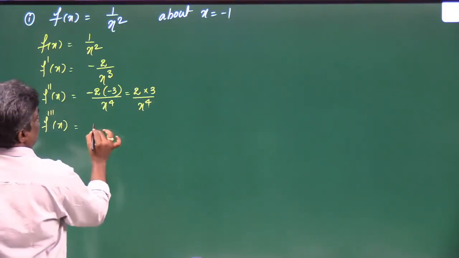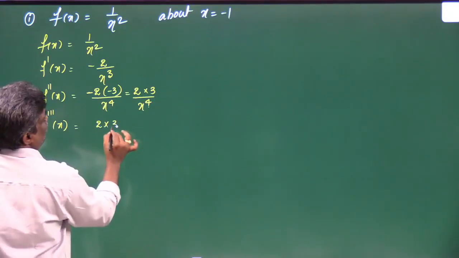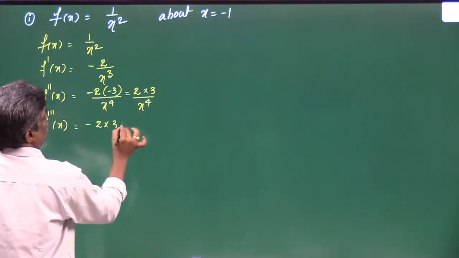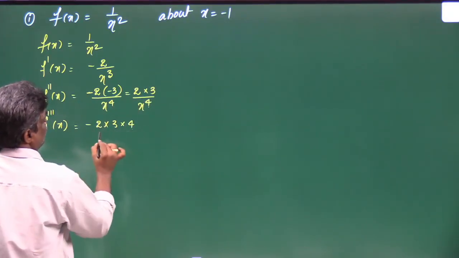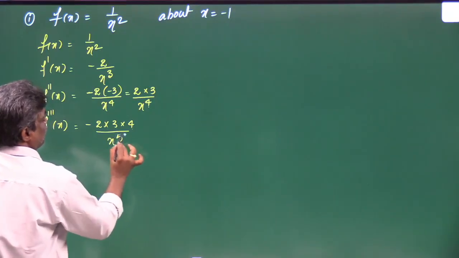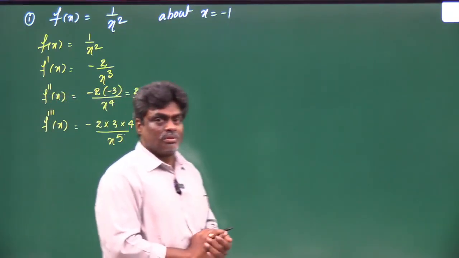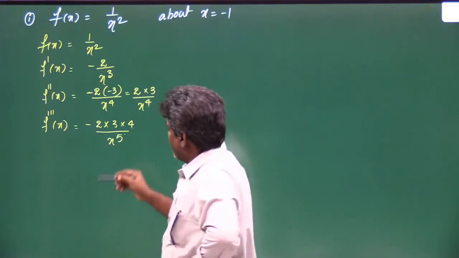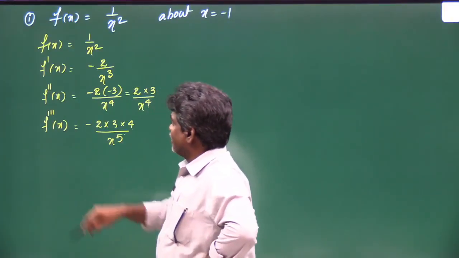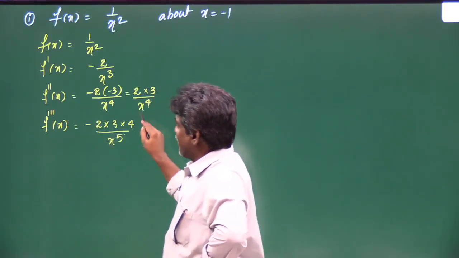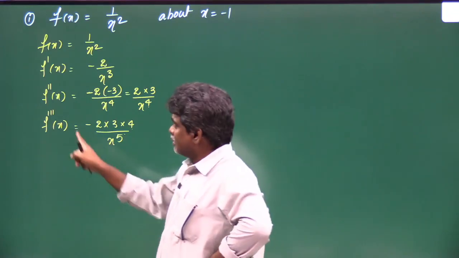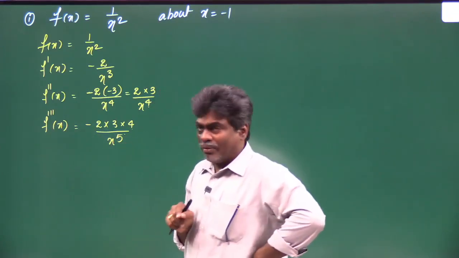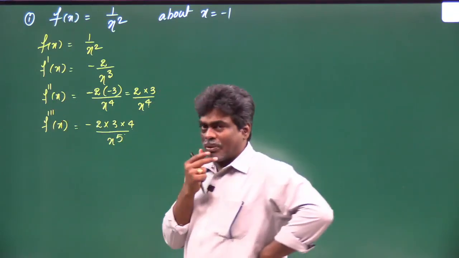Then this will be 2 into 3 into minus 4 by x power 5. Now carefully observe, this is the third derivative and here you have x power 5. The second derivative has x power 4.